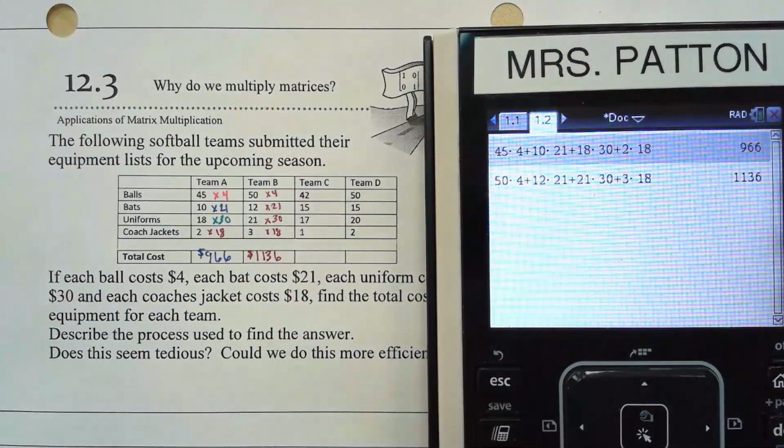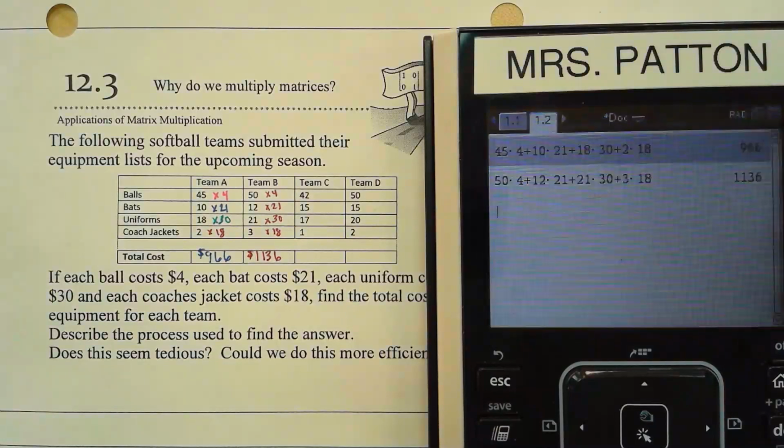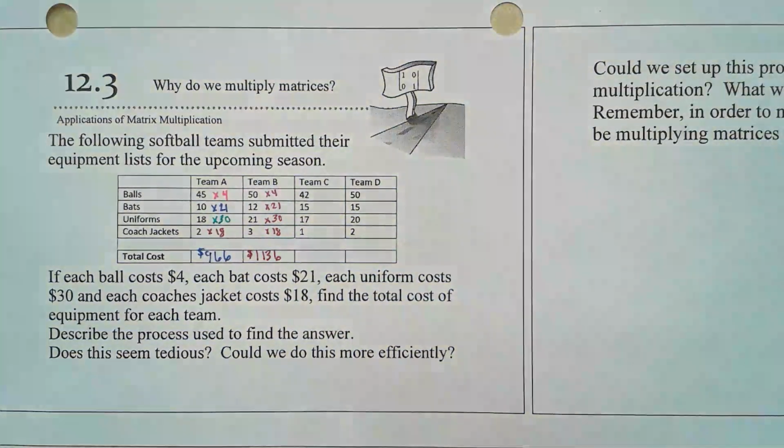It's just a lot of repeated multiplication. The mathematics is not hard. But can you imagine if we had 30 teams, or 55 teams, or 20 different types of equipment? The more intensive or longer this data gets, the more tedious a job this is.